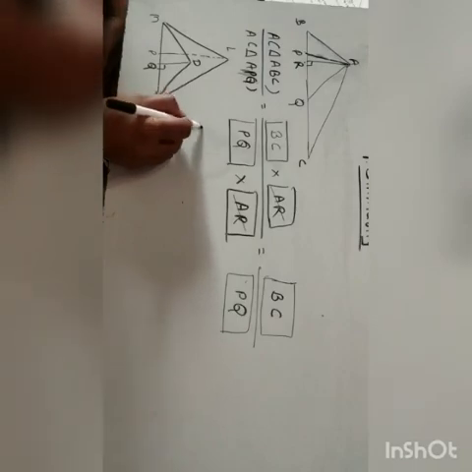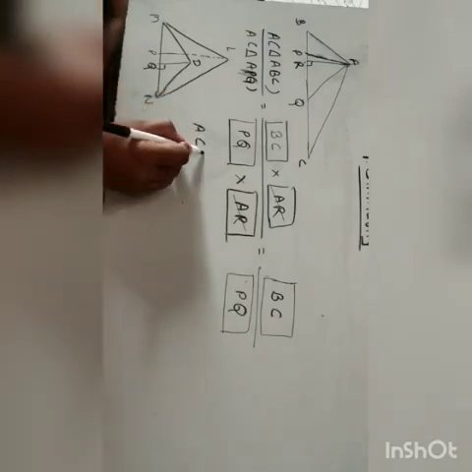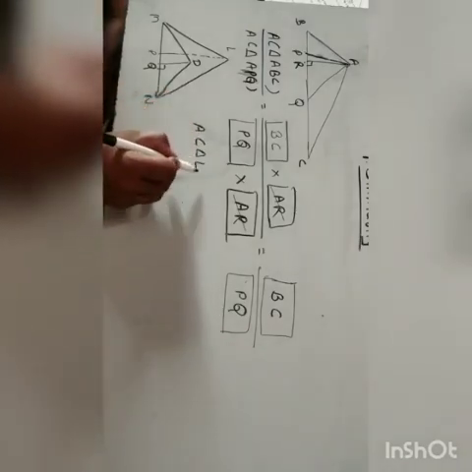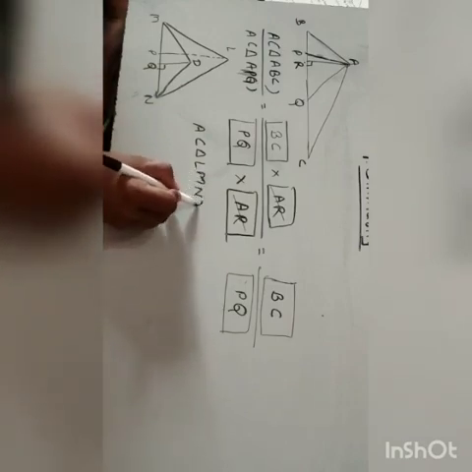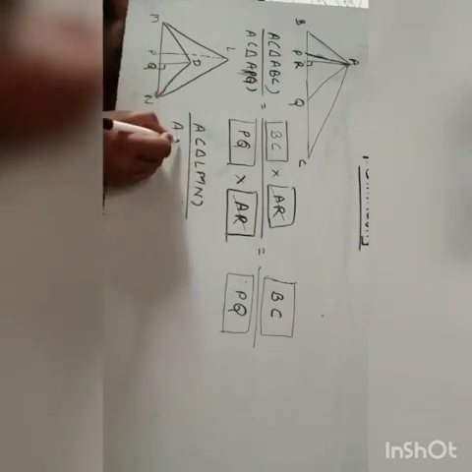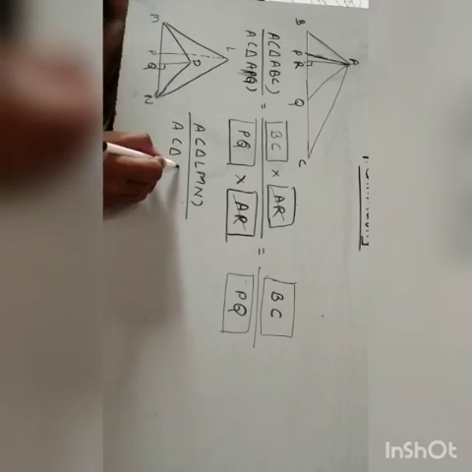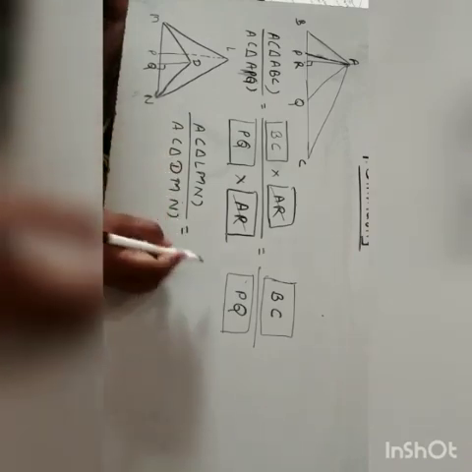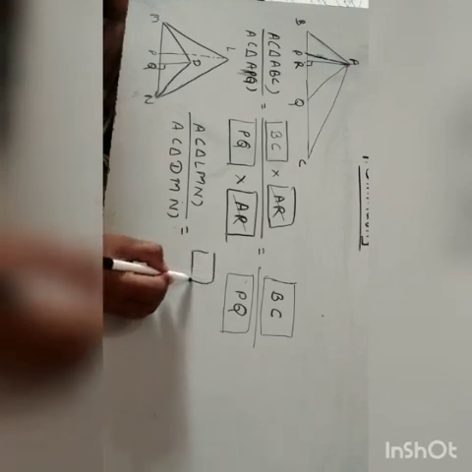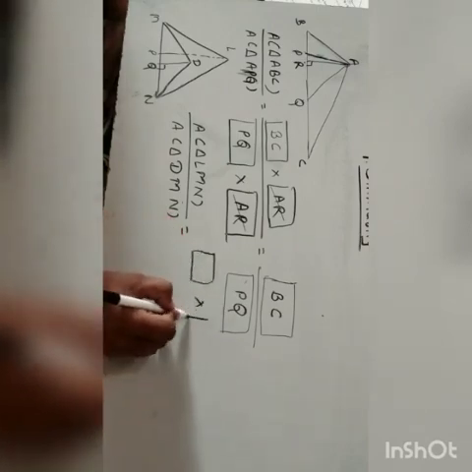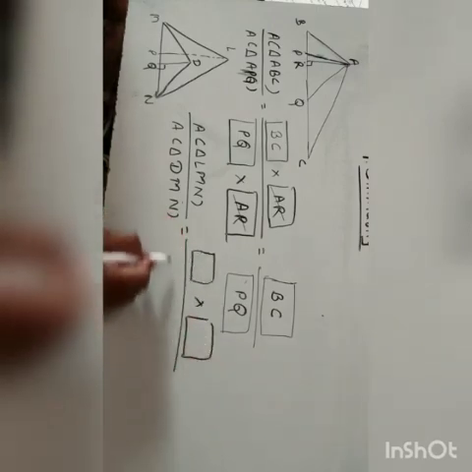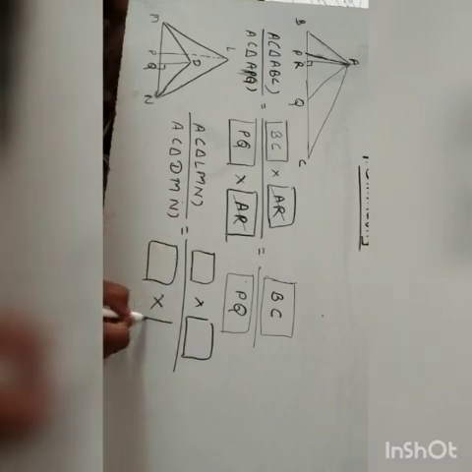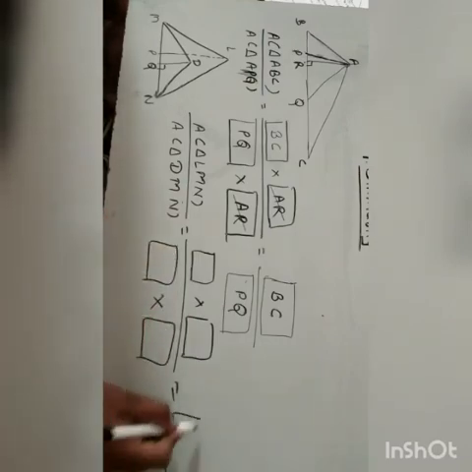In the same way they gave area of triangle LMN upon area of triangle DMN is equal to, and again they gave boxes. This is the activity, so we have to fill the boxes.